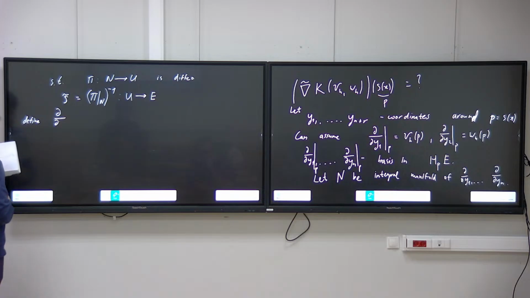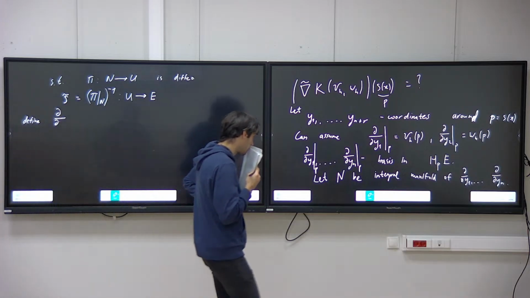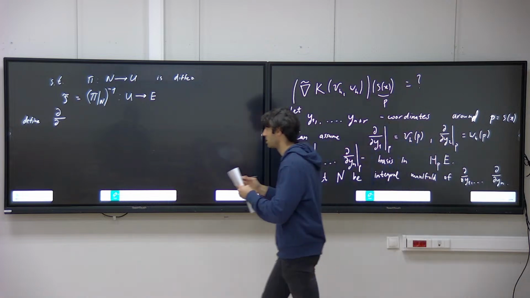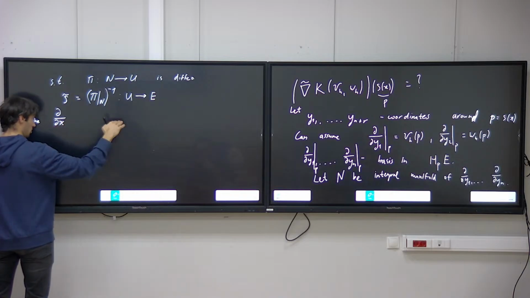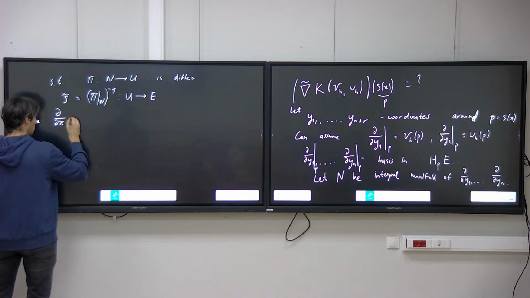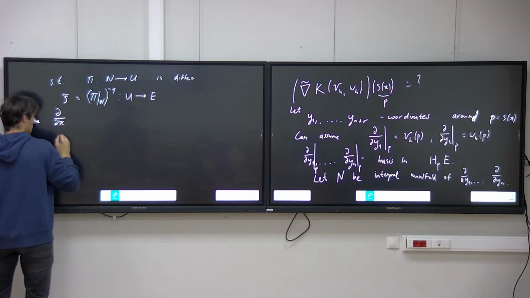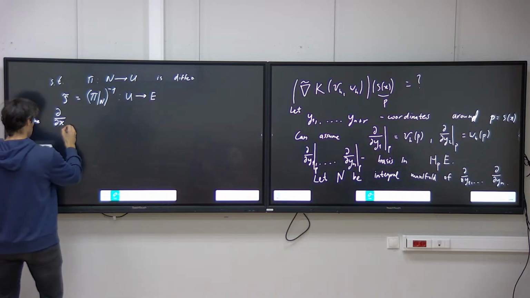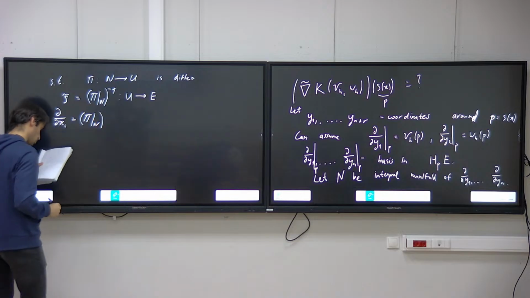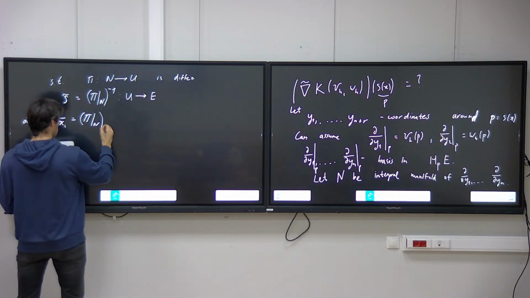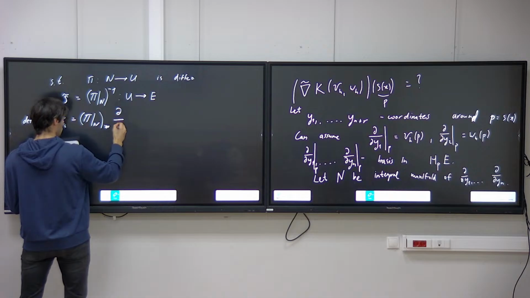So the y's are coordinates on the top, but I want some coordinates on U, such that d over dxi is just this. So it's just the push forward with respect to this guy of d over dyi's.